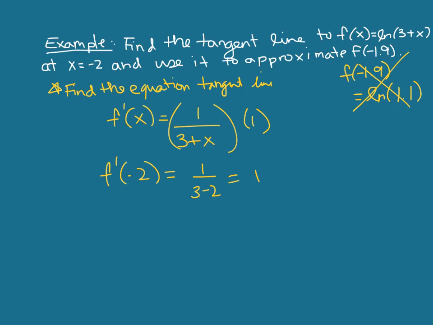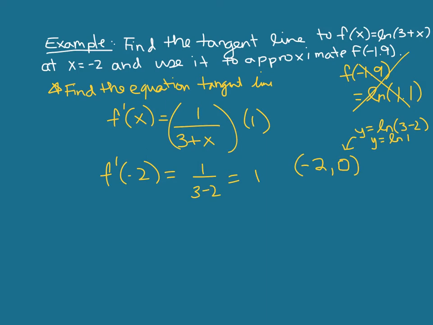The next thing that we need to do is find a point on that tangent line. So the point that we're going to find on the tangent line is going to have an x value of -2. To find our y value, we're going to substitute in -2 for our x. We get y equals ln of 1. That is going to be 0.